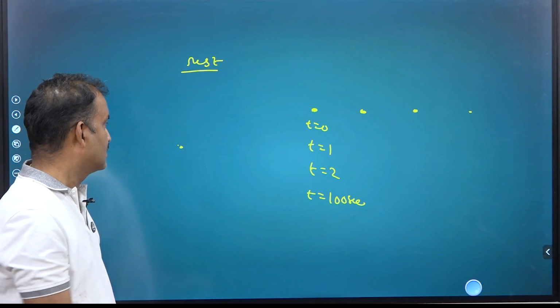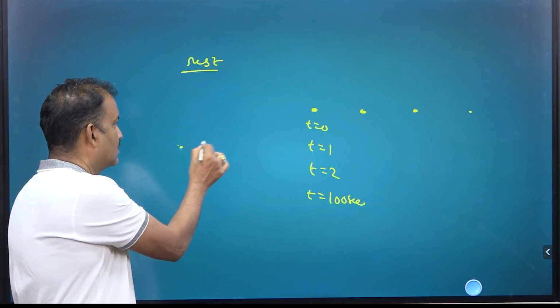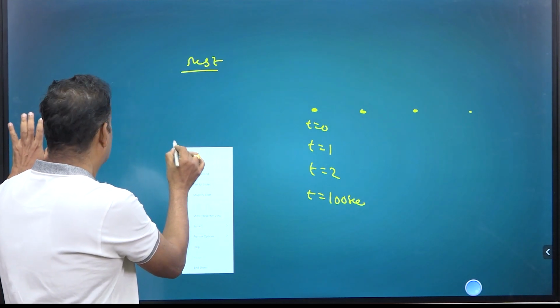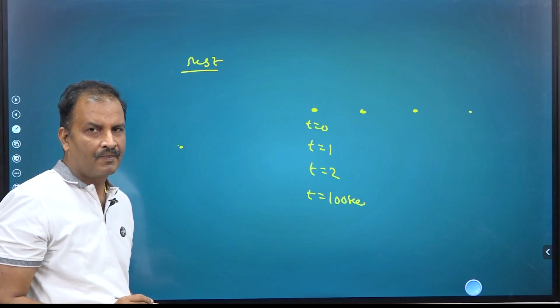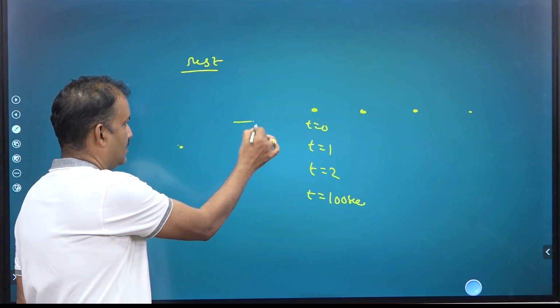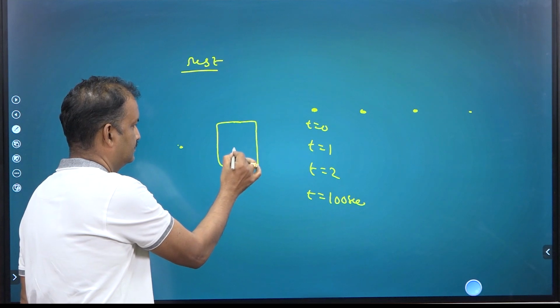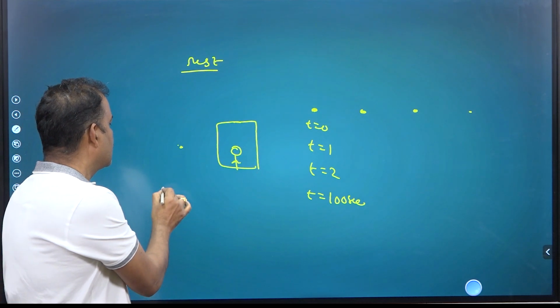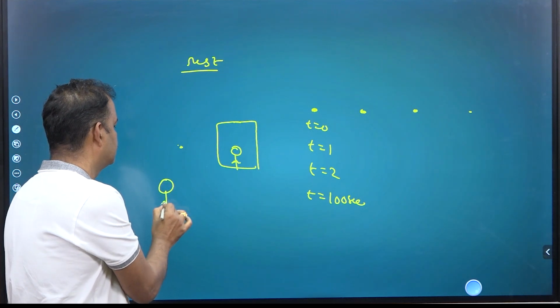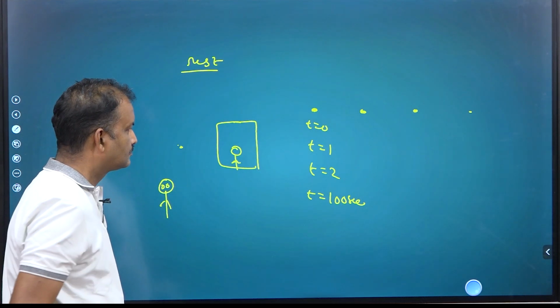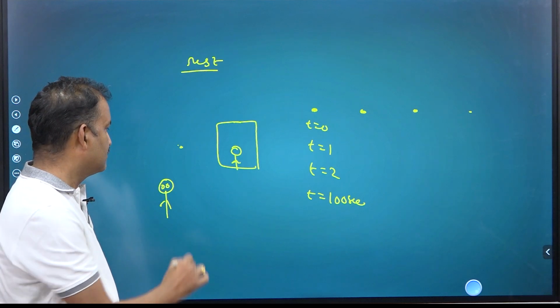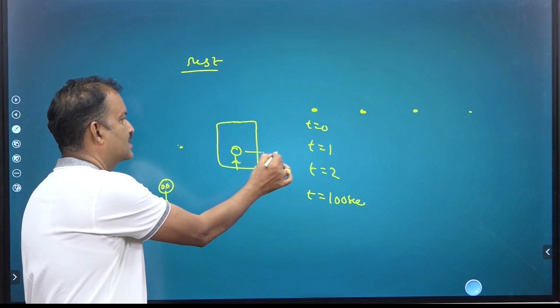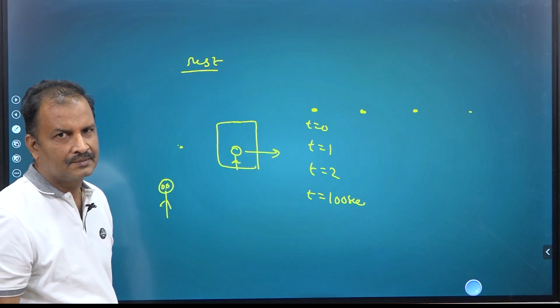Relative means, suppose a person in a bus. Another person is here. For him, this person is moving along with the bus.